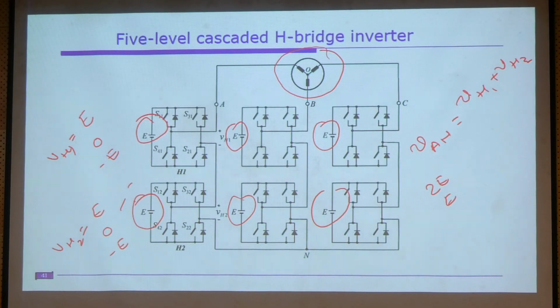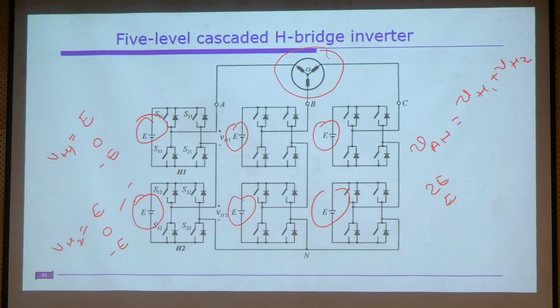So these redundant switching states are used to reduce the switching losses, and also to balance the individual capacitor voltages or DC sources, whatever they are, right?